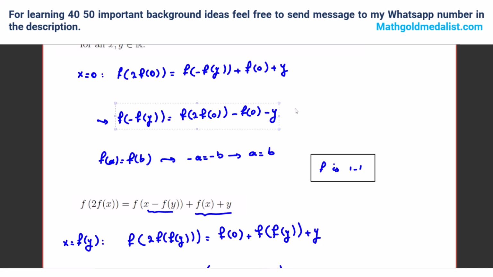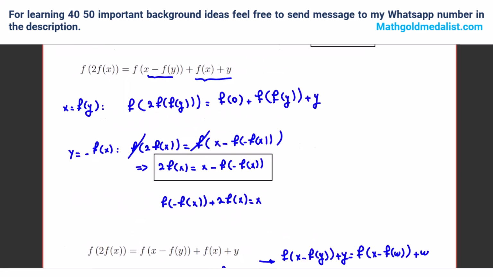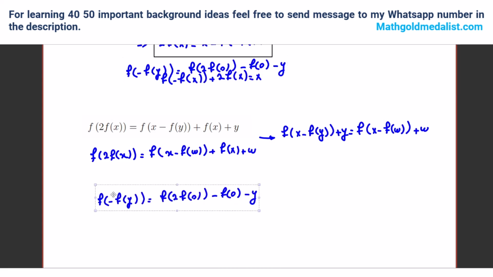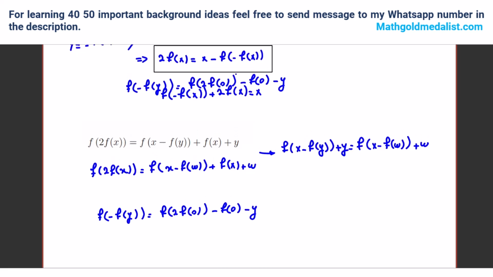Yeah. So let's combine this with our previous result. Like if we replace this part, we know f of negative f of y is what? By this one, y minus 2f of y.